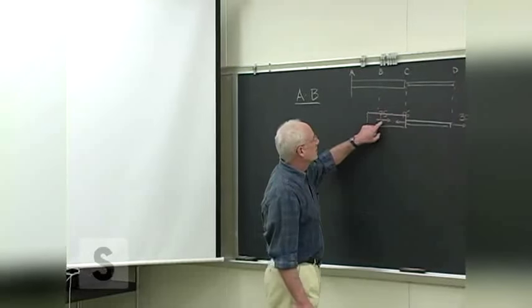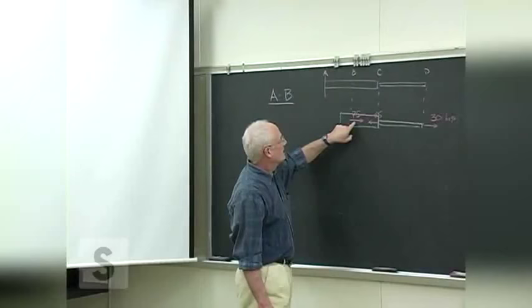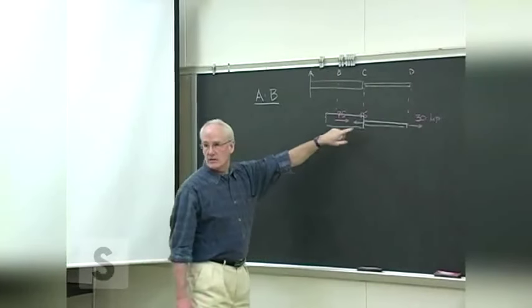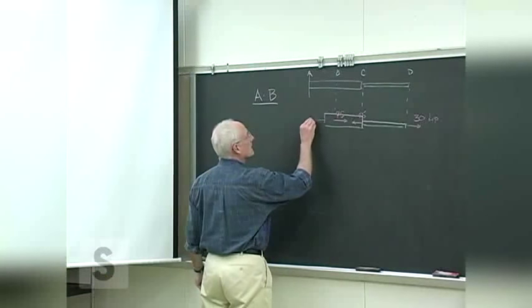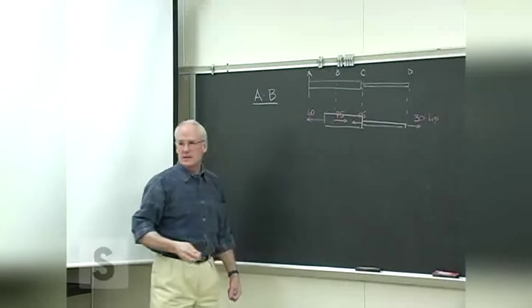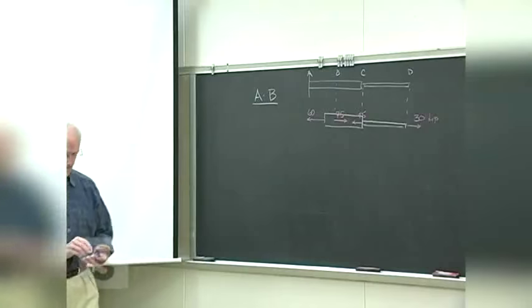We've got 105 to the right, 45 to the left, so we need 60 kip in there to balance that.